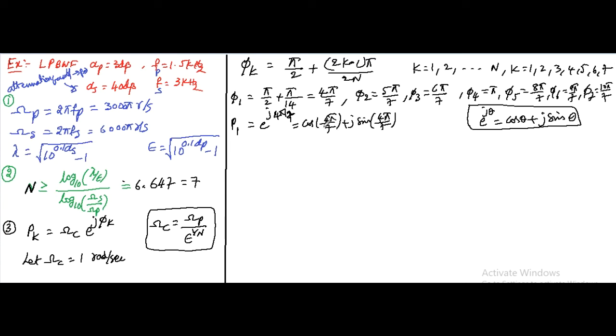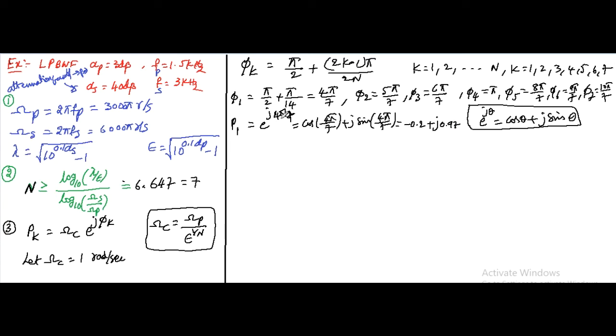And if the angle is 4 pi by 7, then the simplified answer should be like this: cos of 4 pi by 7 is minus 0.2, approximate value I am writing now. If you have calculators, try to calculate all these values. So the approximate value should be minus 0.2 plus j 0.97.